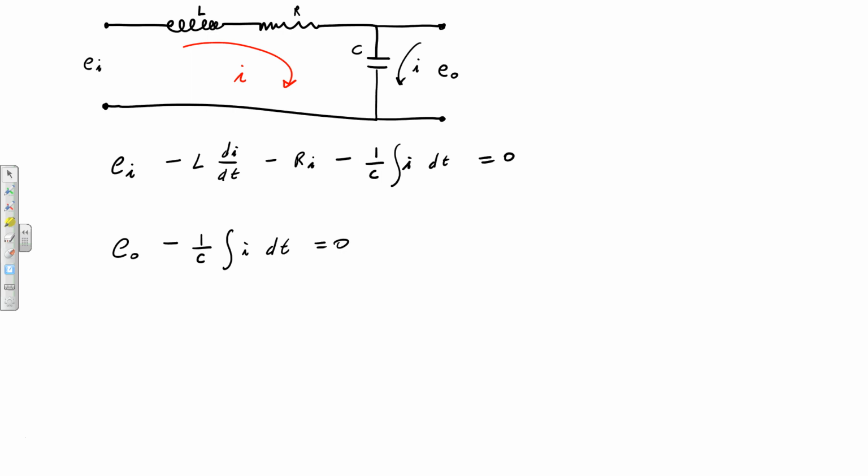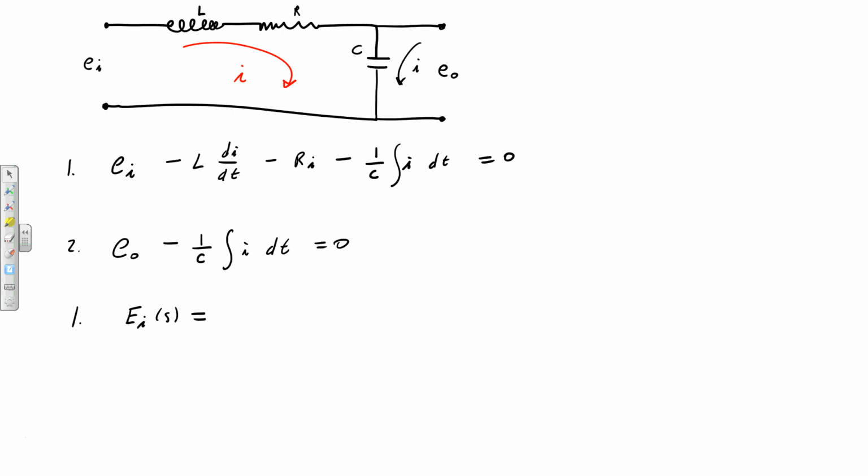And this is where I think doing this using Laplace makes life so much easier. Because here's what I can do. Let me take that first equation, equation 1, and write it like this: E sub I of s equal to, now every one of those negatives, I'm going to bring it over to the other side.